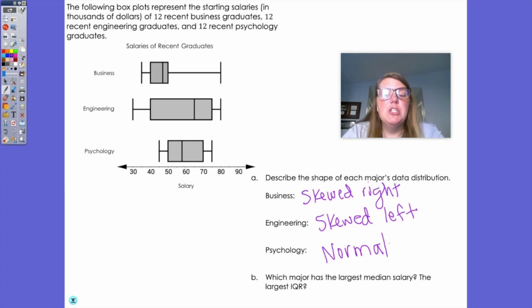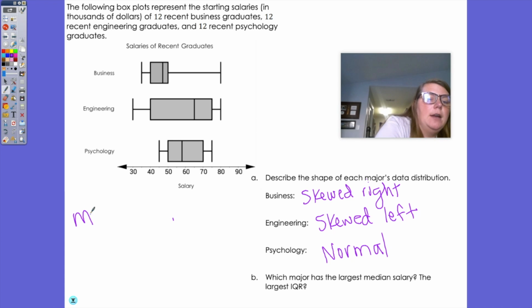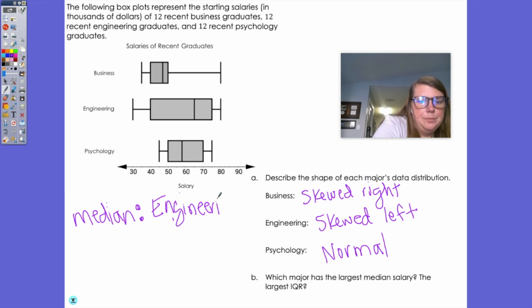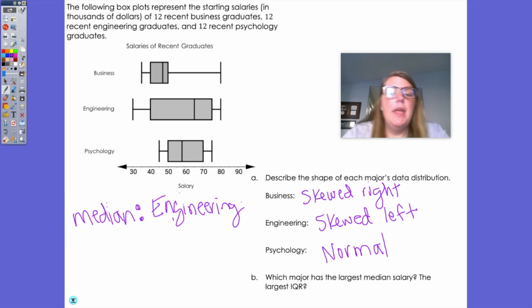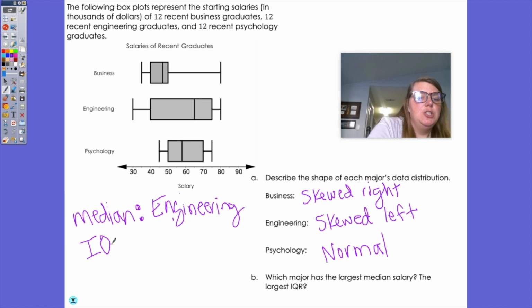Part B, which major has the largest median salary? The largest median, and I'll write that over here. If we're looking at the line inside the box, that would be engineering. And then what has the largest IQR? And that would also be engineering, the largest box.